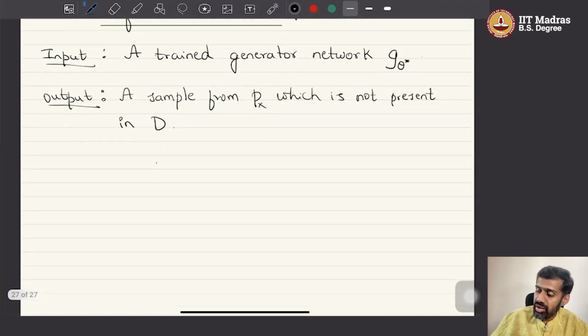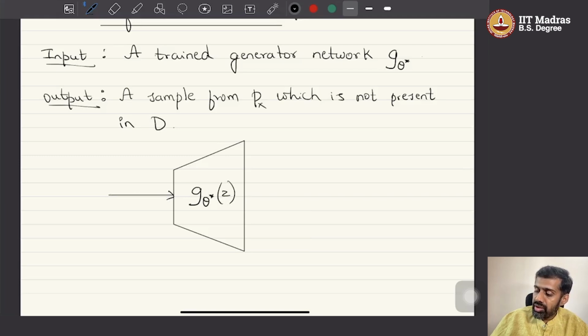So how do we do this? We take the trained generator after solving the min-max optimization problem. So we have G theta star, which takes Z as an input.